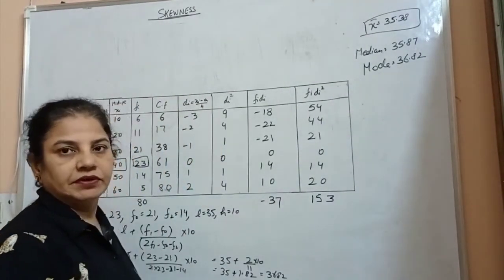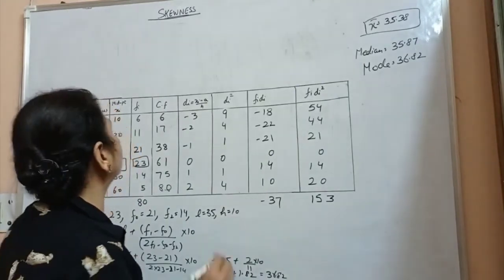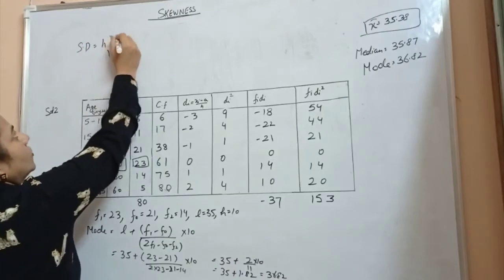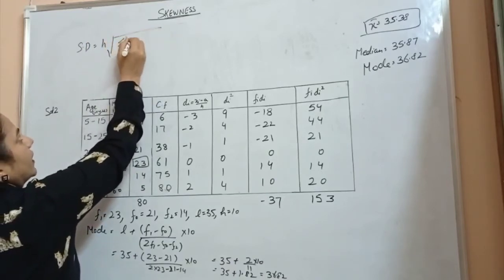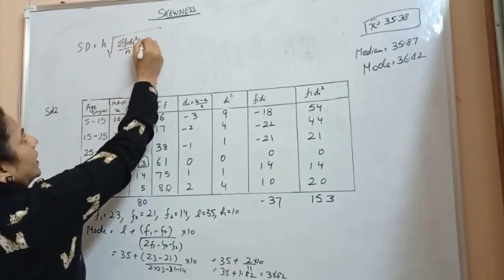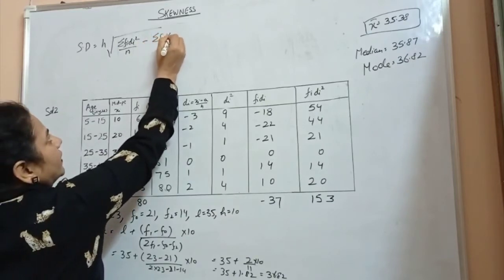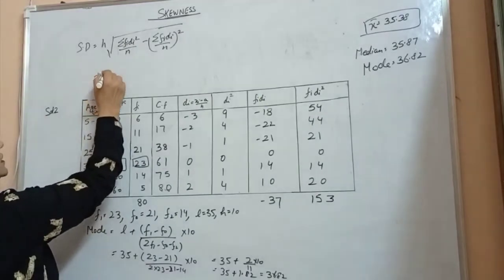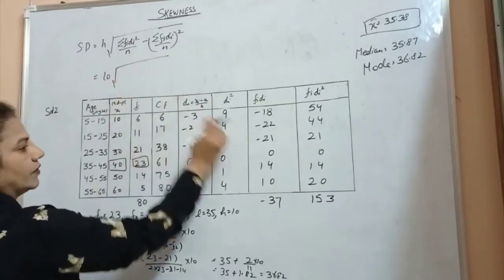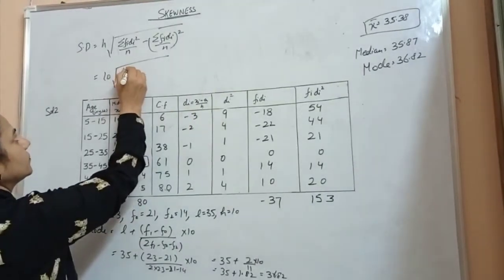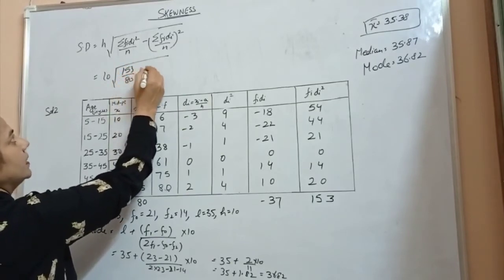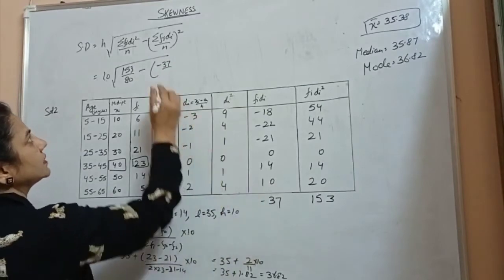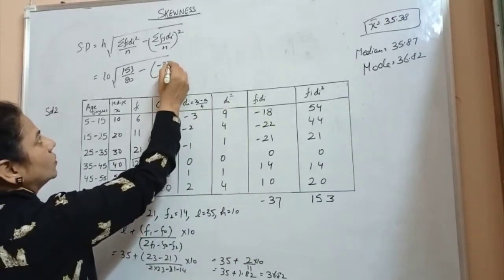Next we calculate the standard deviation. For standard deviation we write the formula. The formula for standard deviation is h square root of sigma fi di square upon n minus sigma fi di upon n whole square. Now substitute the values. h is 10, we know that. Sigma fi di square is 153 divided by 80 minus sigma fi di, minus 37 upon 80, whole square.